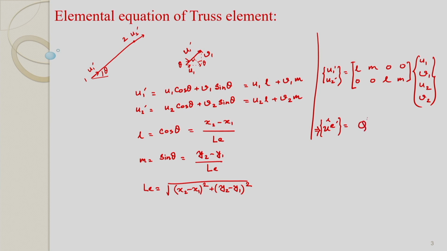We denote this 2 cross 4 matrix as Q and this as UE hat, that is the displacement components in global xy coordinate.